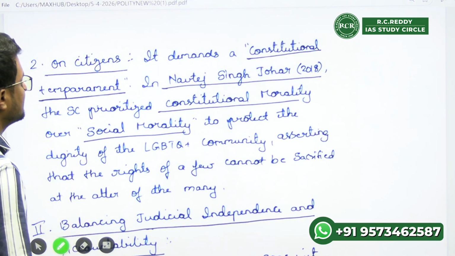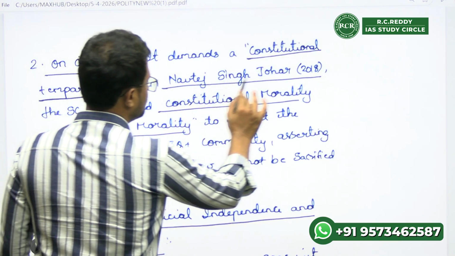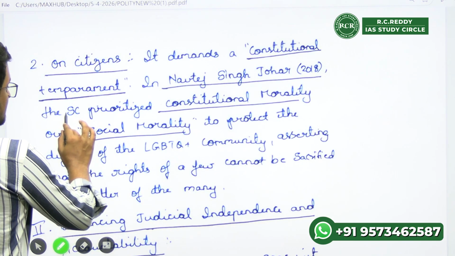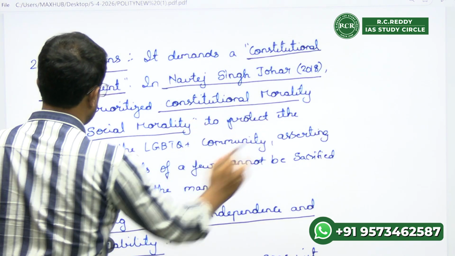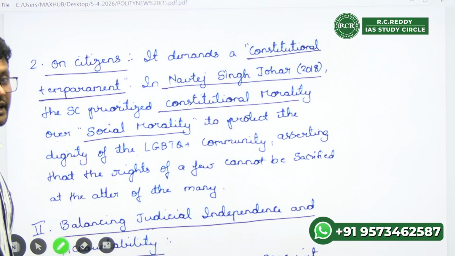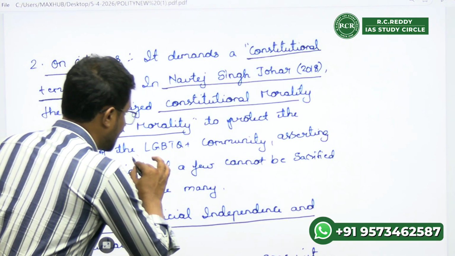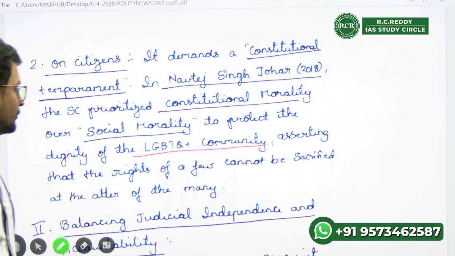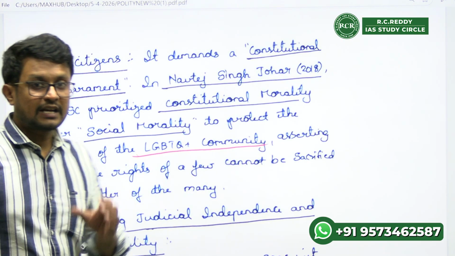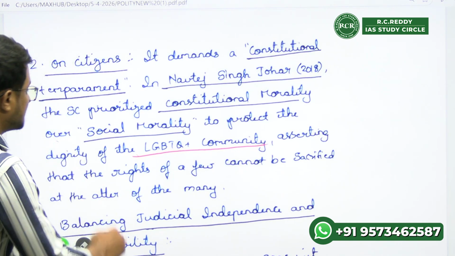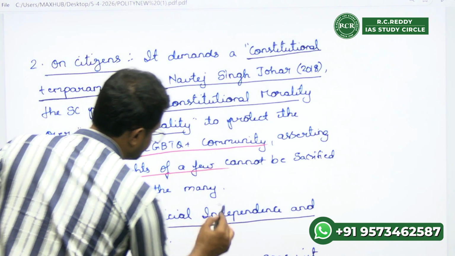So here it clearly said in the Navtej Singh Johar case, the Supreme Court prioritized constitutional morality over social morality to protect the rights of the LGBTQ community, asserting that the rights of a few cannot be sacrificed at the altar of the many.